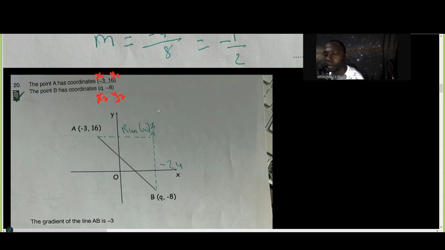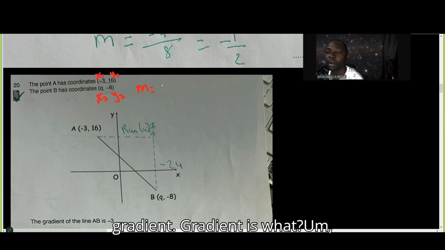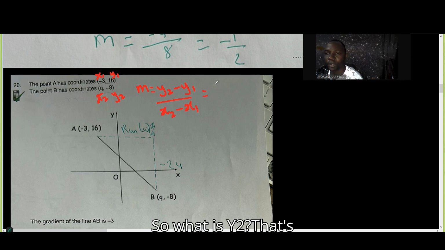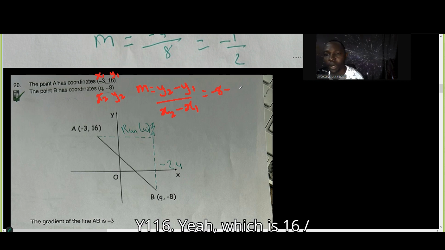Yes. Okay, so what we need to do is to find the gradient. Gradient is y2 minus y1 over x2 minus x1. So what is y2? Y2 is minus 8. Minus 8 minus y1, 16.